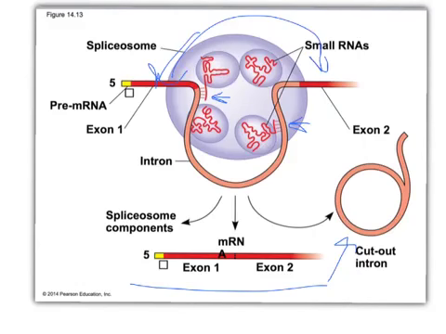What are they lacking? The poly A tail and the 5' cap. So the cell recognizes that as non-coding RNA and digests it. So these nucleotides will be cut up and then recycled to be used in another coding for RNA polymerase.